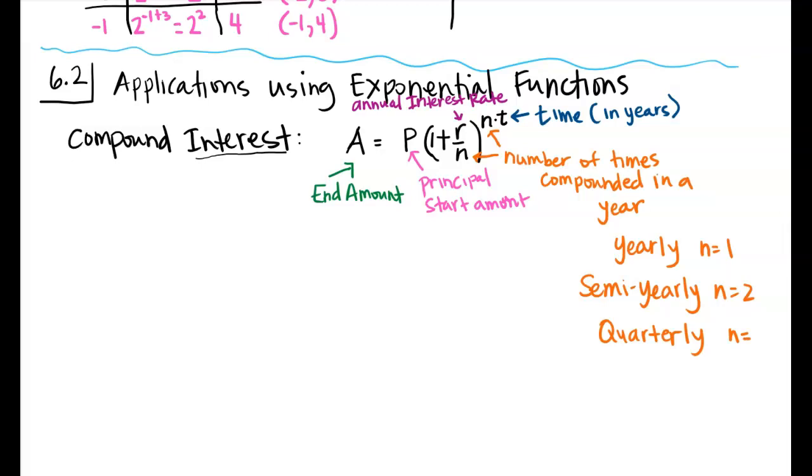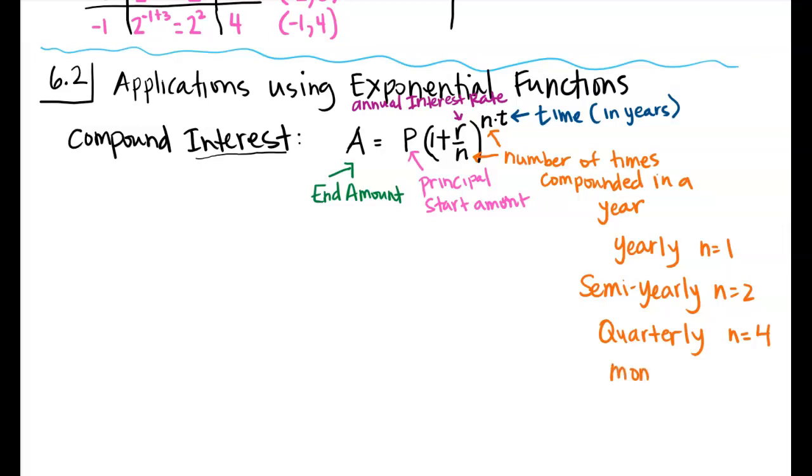Not 1/4, but 4, because 4 times a year. All right? Does that make sense? So quarter meaning 4. That means every 3 months, or 4 times a year, that would be compounded, right?